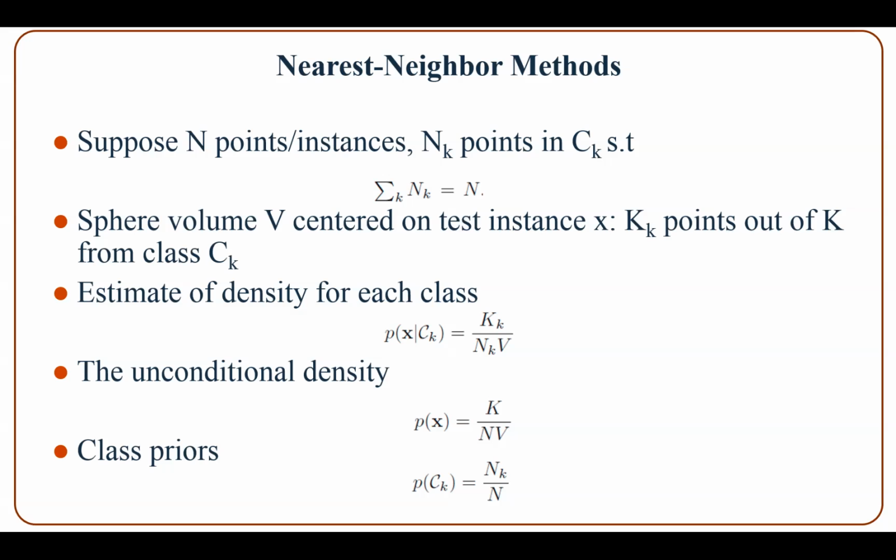Just like the case with unconditional density, which was given in the previous slide. As the class priors, p(C_k) is equal to n_k divided by n.